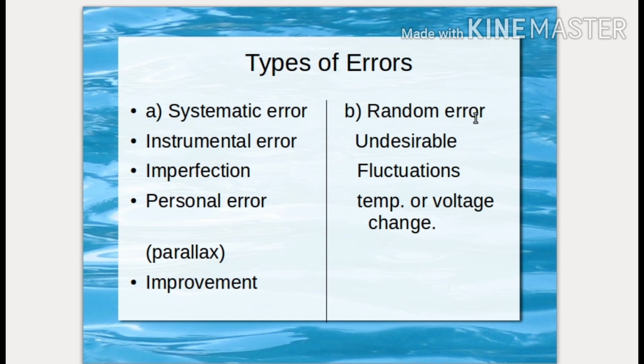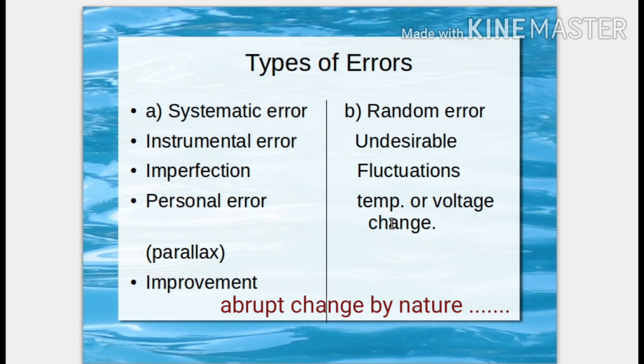These errors just arise when you do not know about them. These are undesirable fluctuations. Sometimes it happens that the temperature abruptly increases, or there is a change in voltage or change in humidity that you are not noticing.